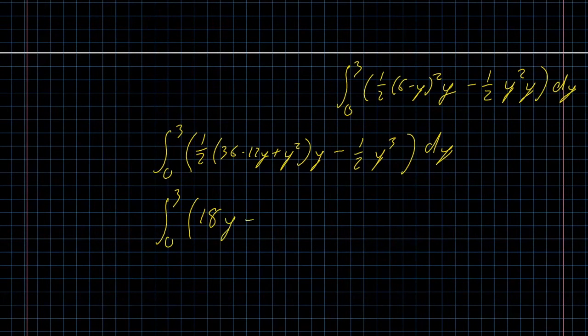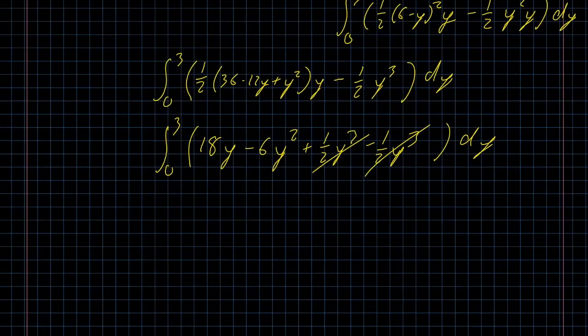Half of 12 is 6, and y times y is y squared. And then we'll have a minus 1/2 y cubed. Very conveniently, those things go away. So we have the integral from 0 to 3 of 18y minus 6y squared dy.